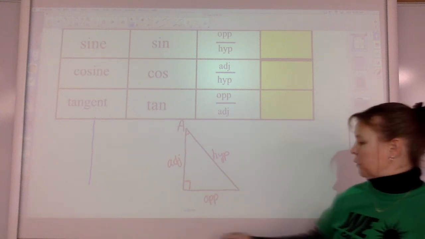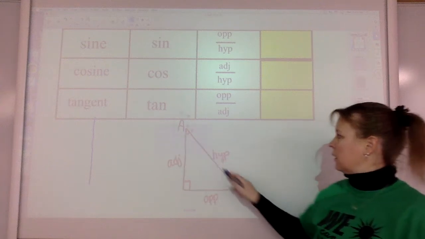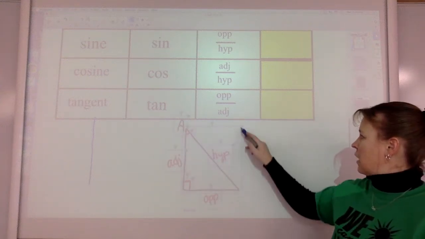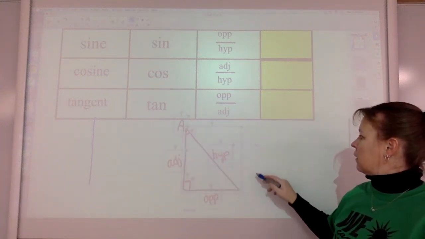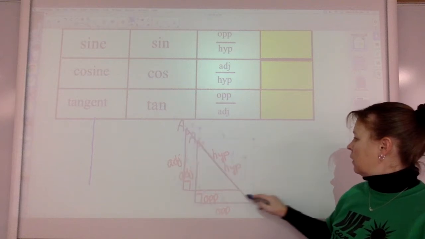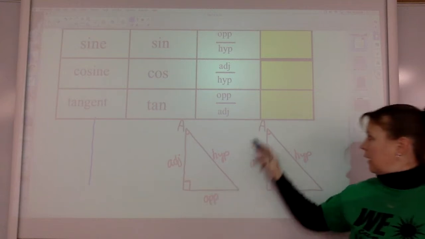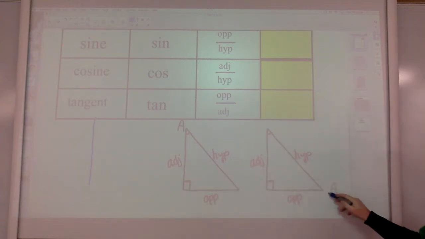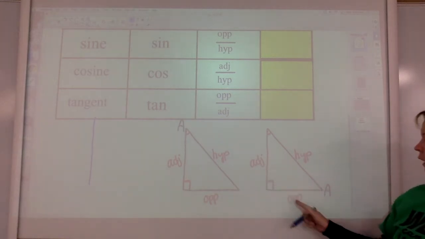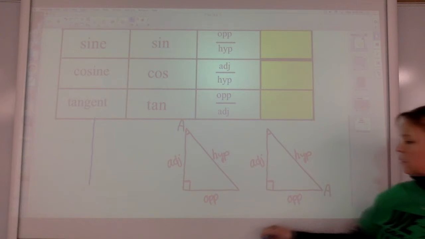The problem is if we took this exact same triangle, didn't change anything about it, drew it over here, but instead of calling this angle A, what if we call this angle A? Well, now these are wrong. Opposite, this isn't opposite of angle A, it's right next to it.